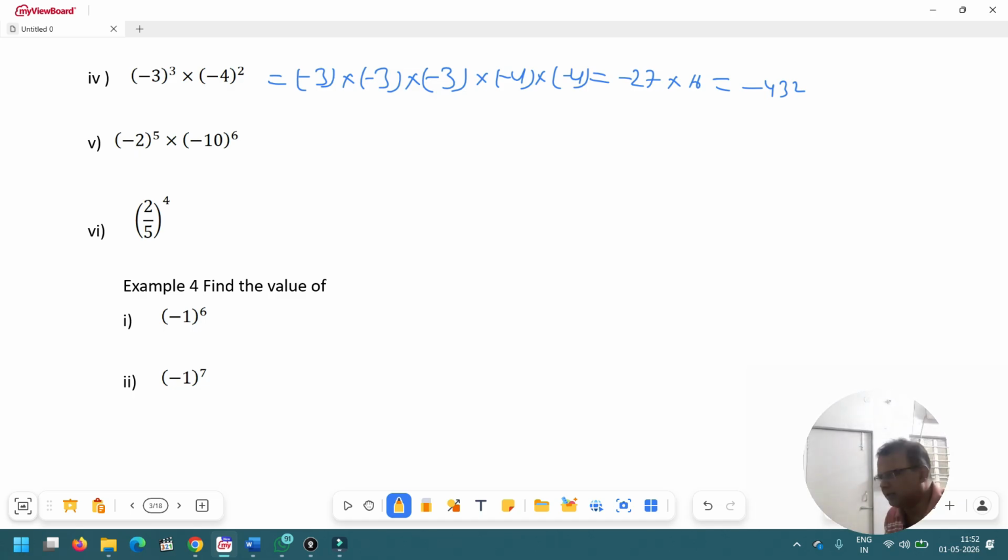Now we consider our next example, minus 2 to the power 5, equal to minus 2 written 5 times.